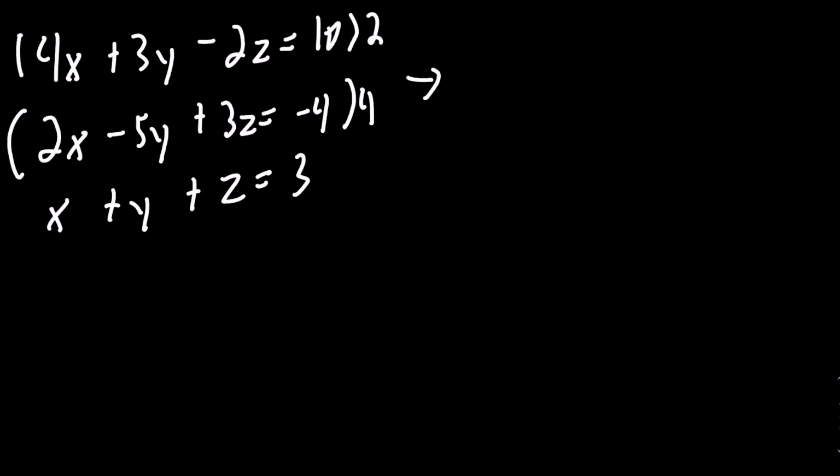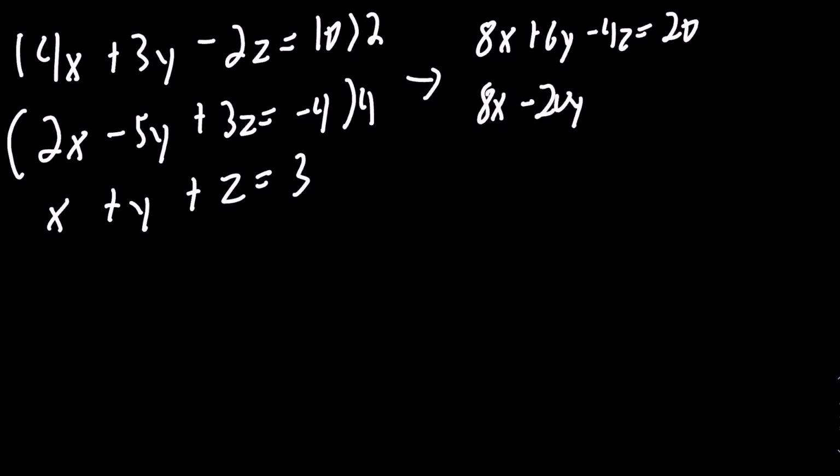As a result, we get 8x plus 6y minus 4z equals 20, and 8x minus 20y plus 12z equals negative 16. We'll then subtract equation 2 from equation 1.